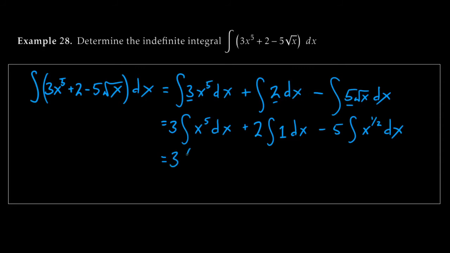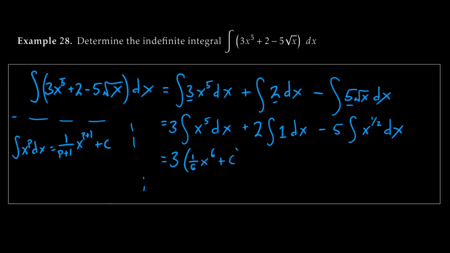That is, using the fact that, and I'll just write it down over here, the integral of x to the p dx is 1 over p plus 1 times x to the p plus 1, plus c. What I'll get here is 1 over 6 x to the 6 plus c.